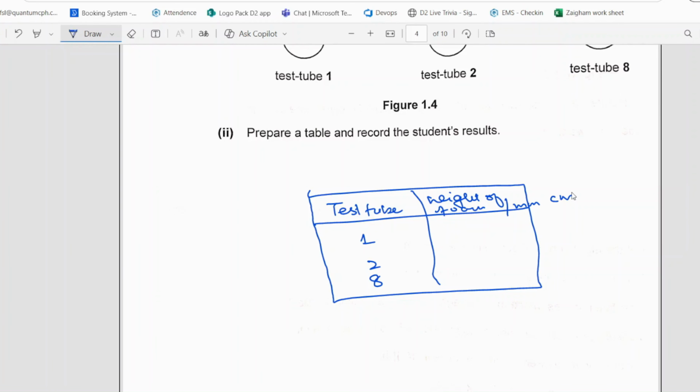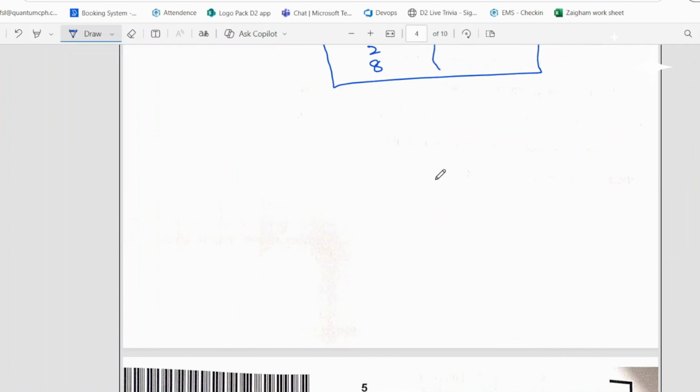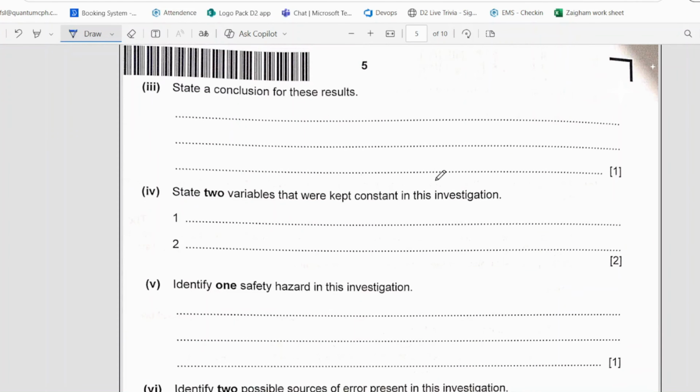We use millimeter most of the time, but if centimeters are given in the question, then you have to use centimeter.